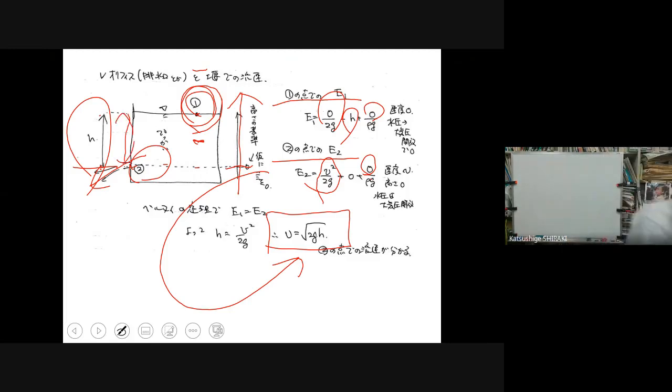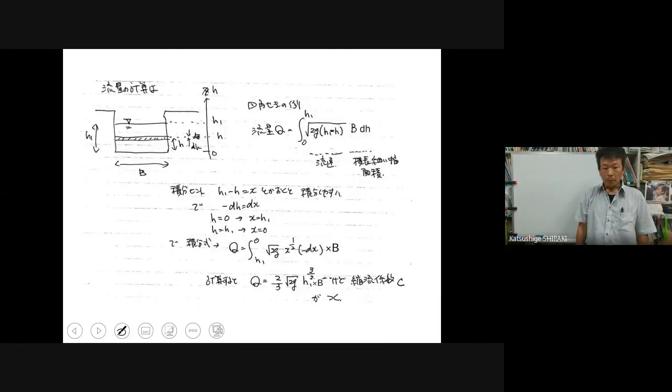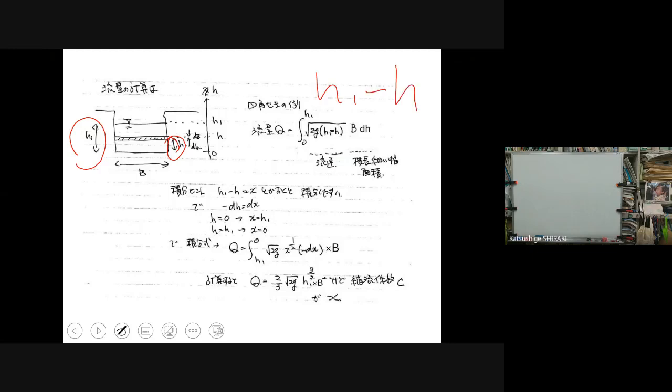This is a sample of the rectangular weir, and how to calculate the rectangular weir with height. You can check at the height h, the water depth is h1 minus h.